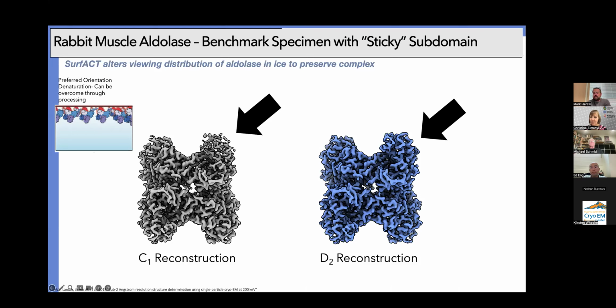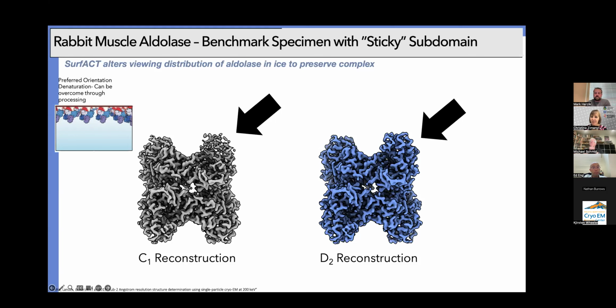You need to be able to look at your 2D classes and figure out: are you underpicked? Is it a result of you've so overpicked the dominant view that you now have class collapse, where your underpopulated views have collapsed into your overpopulated views? We see this with the 20S proteasome a lot. Or is it a combination thereof? And so I think you have to take each one on its own.